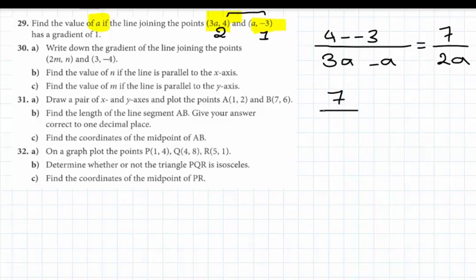This 7 over 2a is the gradient, and it's given in the question that the gradient is equal to 1. Then this result is equal to 1.